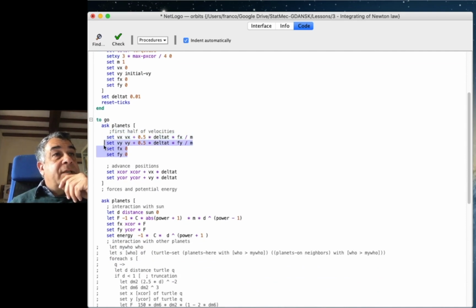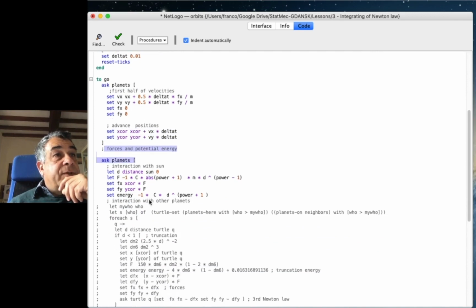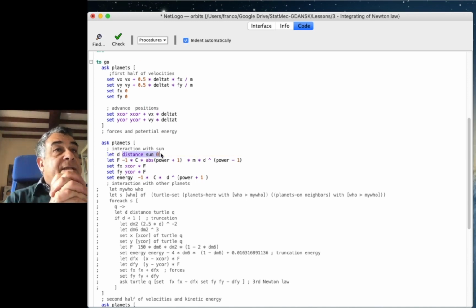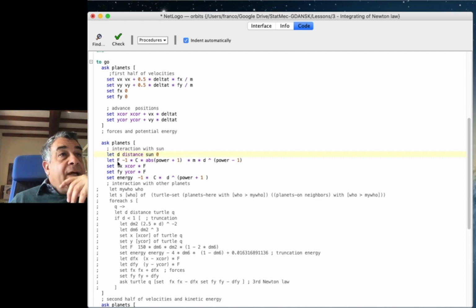So I first half of velocity, I advance positions, I compute forces. Forces I just need to compute the distance from the sun, and I can use the primitive distance. Then I compute the force.